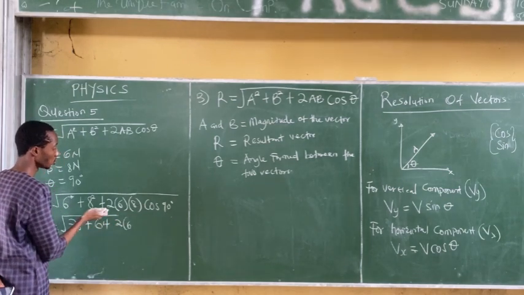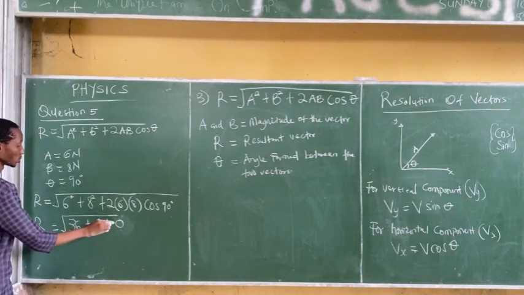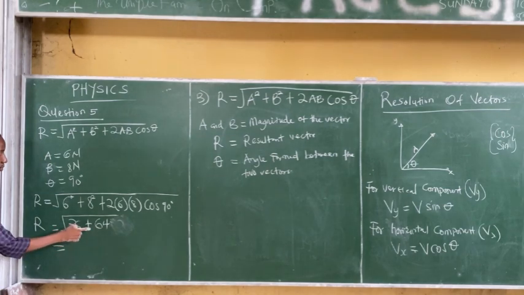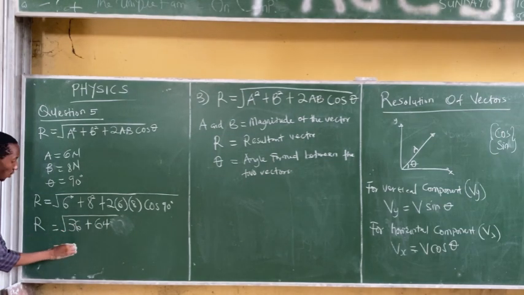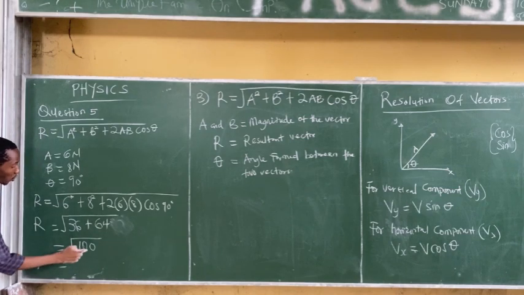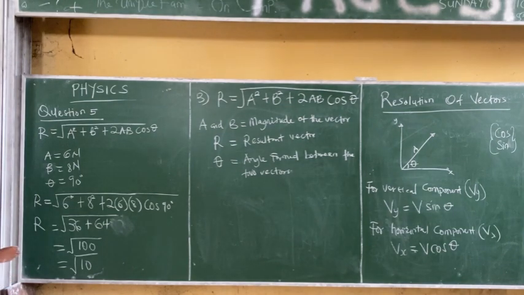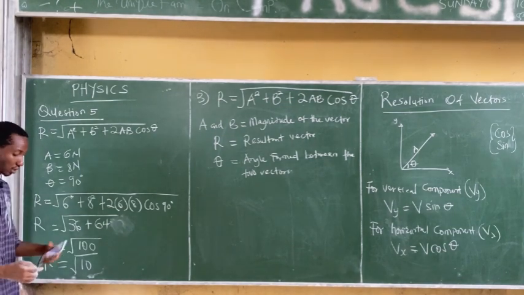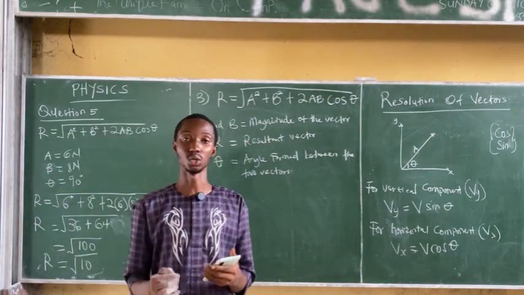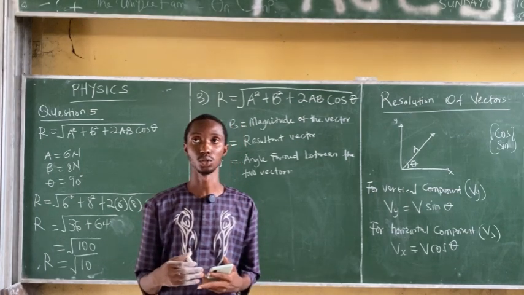Cos 90 is 0, so when this multiplies 0, you have 0 and it goes out automatically. This is 36 plus 64, which will give you 100. Square root of 100 will give us 10. Therefore, the resultant force is 10 newtons. That is option A, so option A is the correct answer.